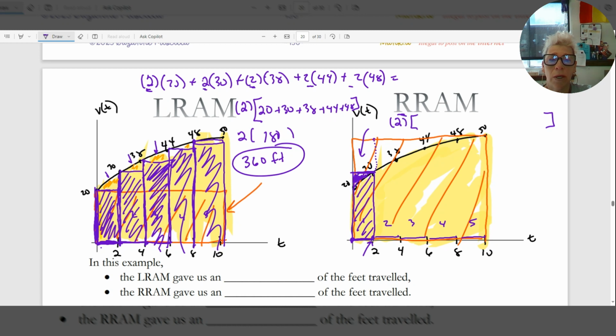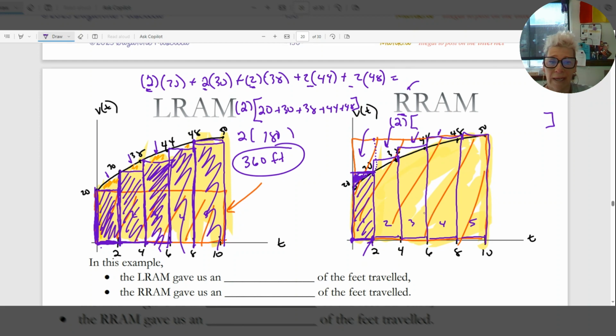If we're going to be doing all of our right-hand sides, then we're going to be taking the value at 2, at 4, at 6, at 8, and at 10, and look at all of that overestimating we're taking off.